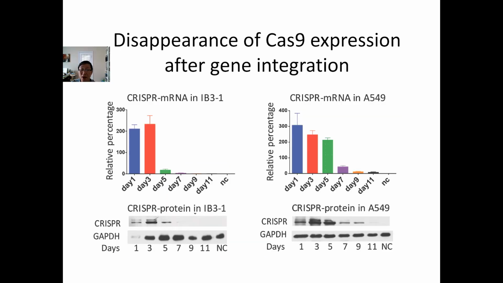Most importantly, we found the Cas9 expression diminishing very quickly after transduction. This has been confirmed by both real-time PCR at the messenger RNA level and Western blot at the protein level.